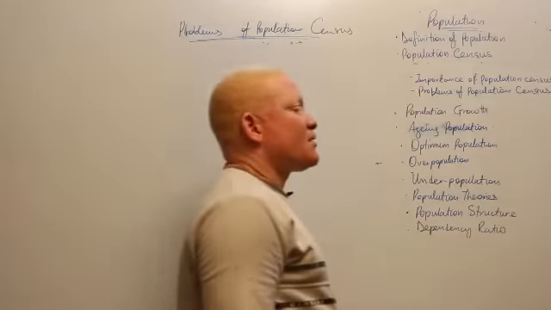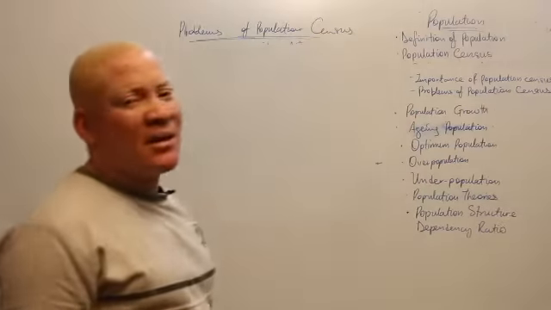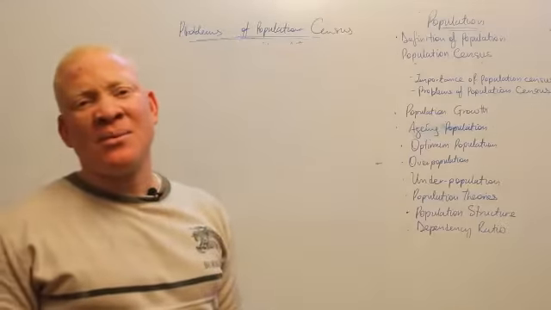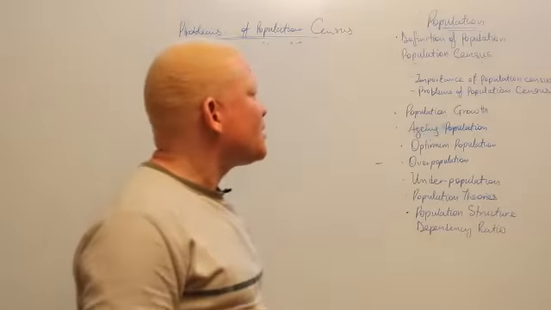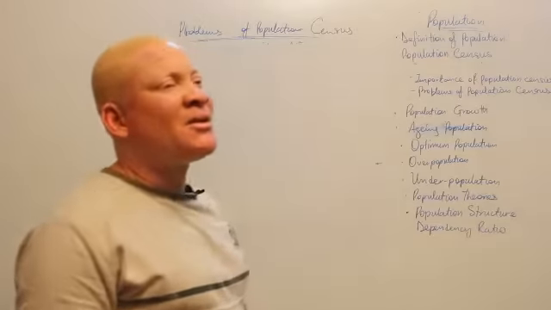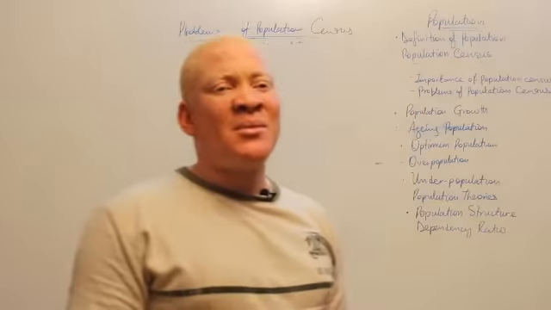So we'll be looking at the problems encountered that do not encourage effective population census. When we say effective population census, we are talking about what makes population census a problem.